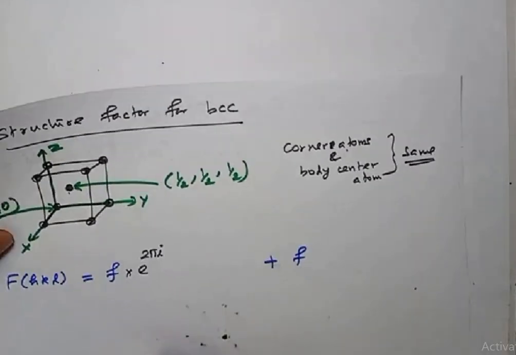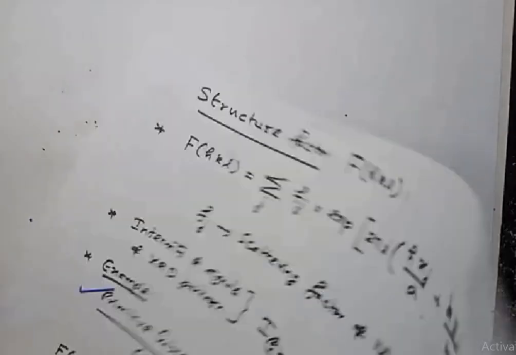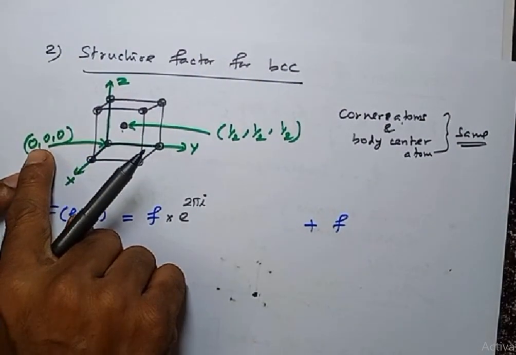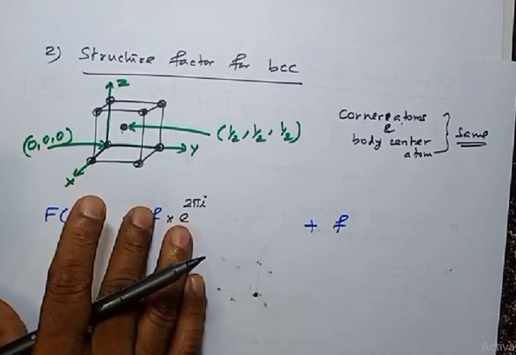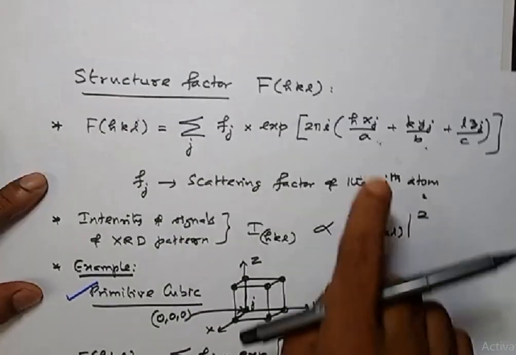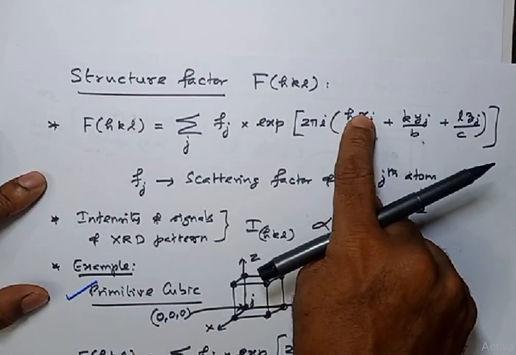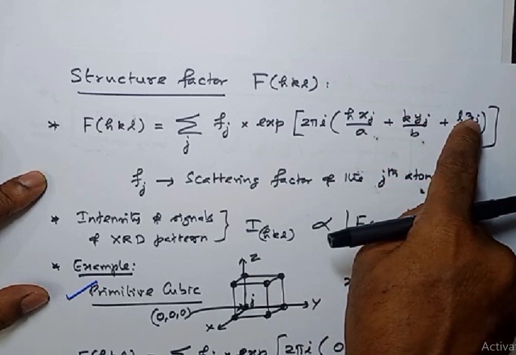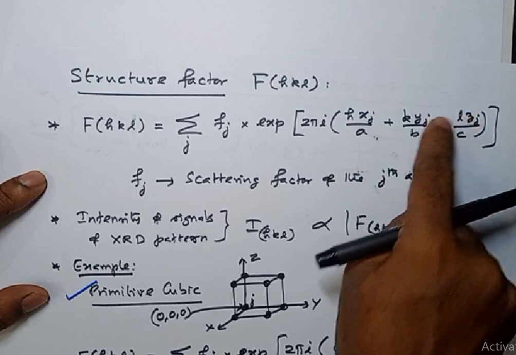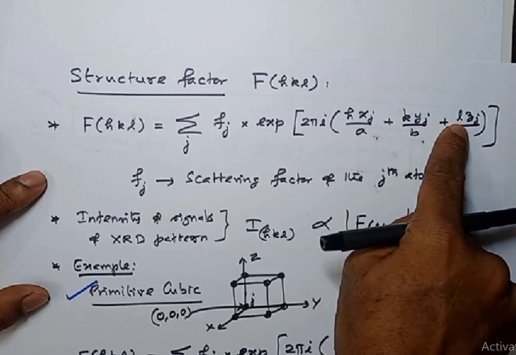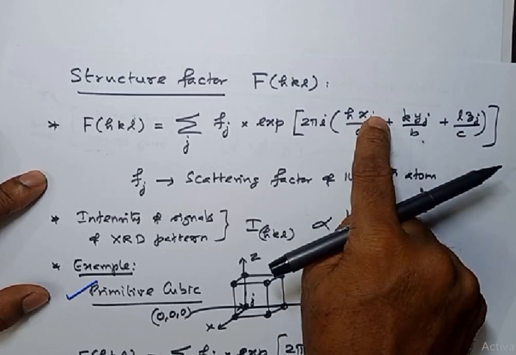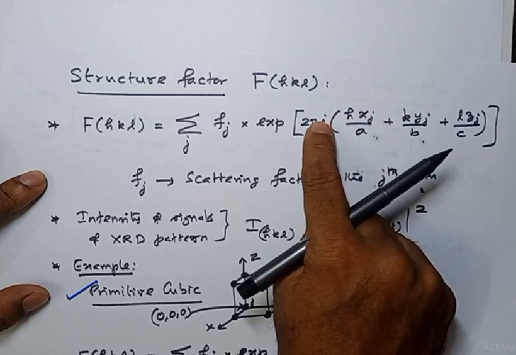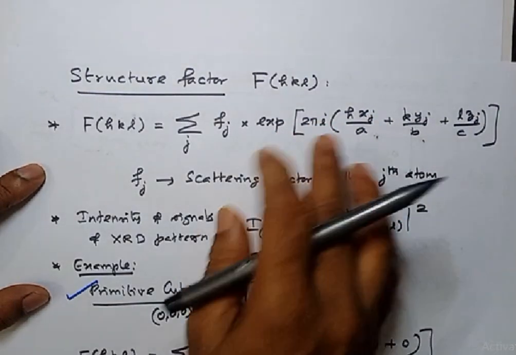Then for the corner atom, xj, yj, zj all are 0. So if I put xj as 0, this becomes 0. If I put yj as 0, this becomes 0. If I put zj as 0, this also becomes 0. So 0 plus 0 plus 0, you will get 0. 0 into 2 pi i is 0. So e power 0 is 1.